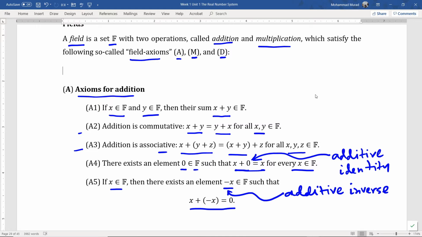By commutativity of addition, A2, the last statement can also be written as negative x plus x is 0, the additive identity element.